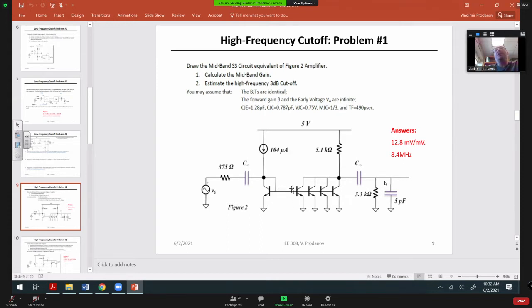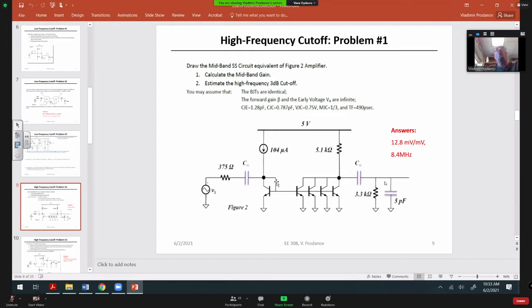If you tell me that one of those devices has a Cmu, notice that collector and bases are all tied together. If this is a calculated Cmu, this one will have the same Cmu, this one will have the same Cmu, and the rightmost will also have the same Cmu. Do you see my cursor? Okay, so in total, you have 4 Cmus if you define Cmu as that of a unit device. And you won't have one from the diode connected NPN.